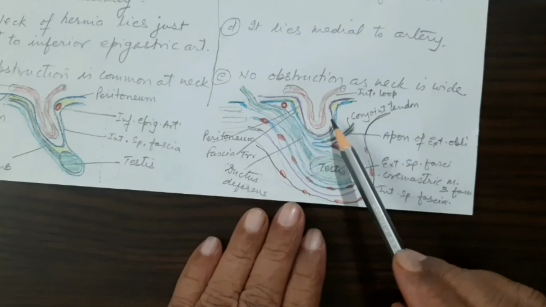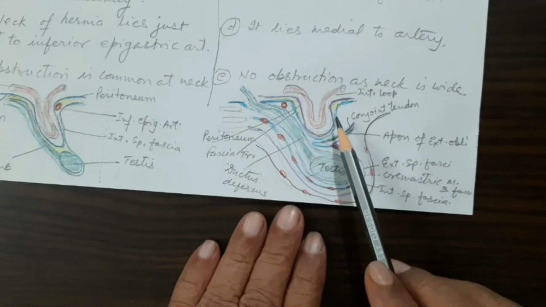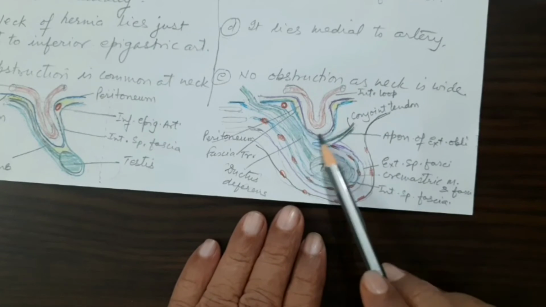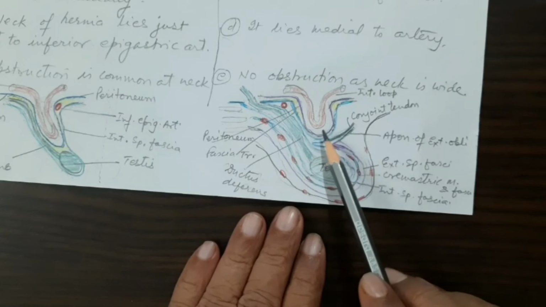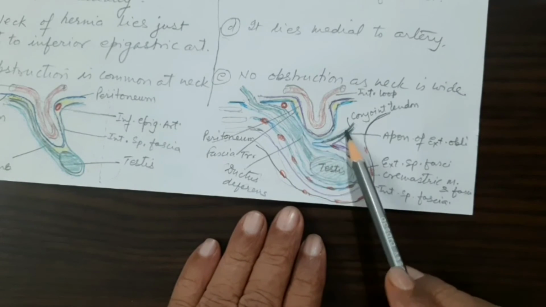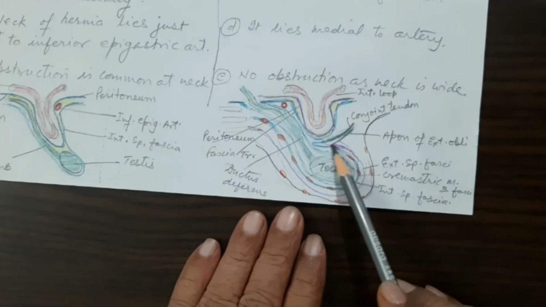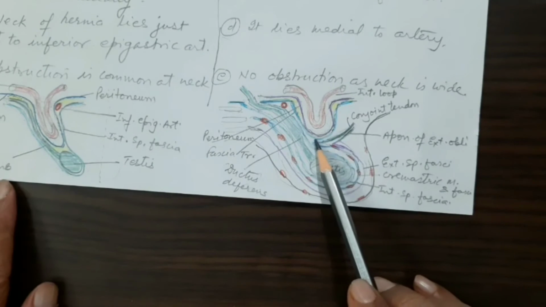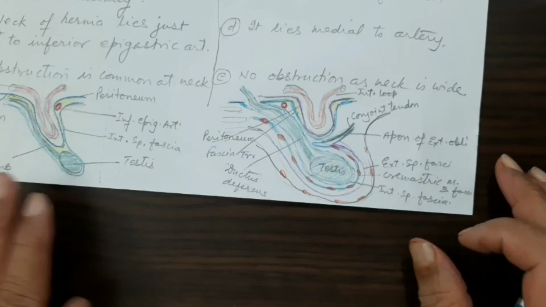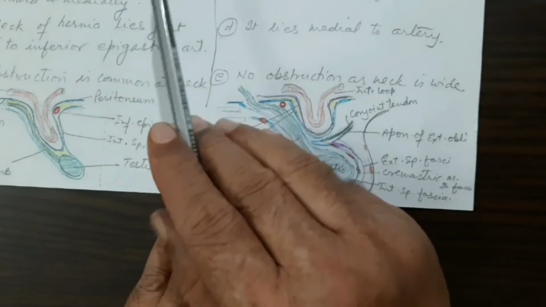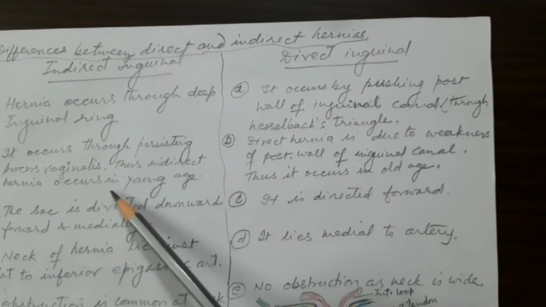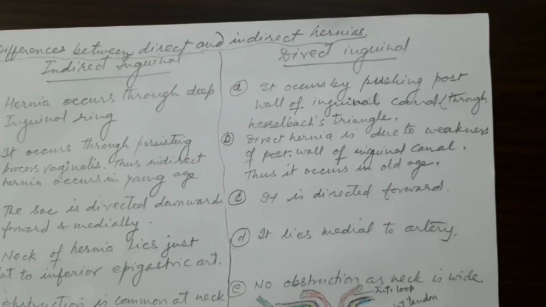It is just pushing the posterior wall of the inguinal canal. So this peritoneal sac is pushing the posterior wall, which on the lateral side is fascia transversalis, on the medial side is the conjoint tendon, and then it will come through the superficial inguinal ring.